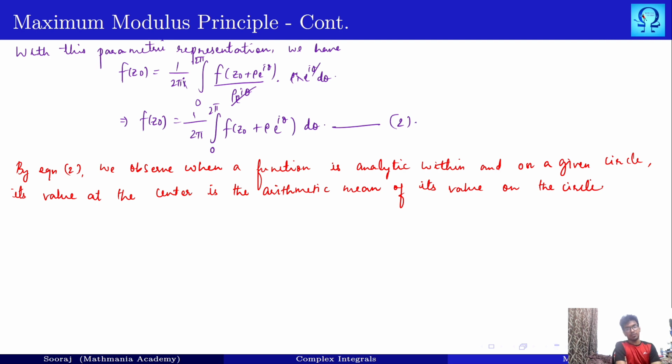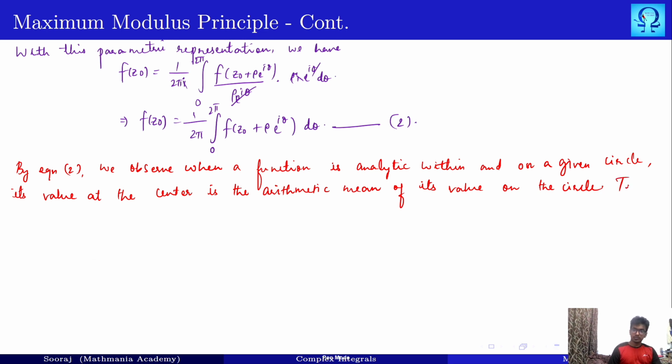What is the arithmetic mean of a continuous function? The integral over the given limit of that function gives us the arithmetic mean of that function multiplied with its length. So in order to get the arithmetic mean, we just divide that integral quantity by the length of the interval, then we get the arithmetic mean. So here the arithmetic mean of the function f of z is equal to f of z naught, which is the center of the circle, right? So that is what is said here.